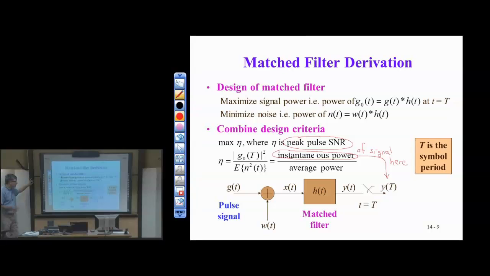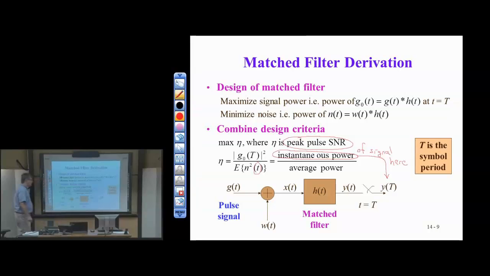And then for the noise, we're going to go after the average power. Okay, so again, noise is a random process, which means at any point in time, little t, the noise process takes a value from the Gaussian distribution, zero mean, and a fixed variance. The variance is constant for this derivation. It doesn't change with time.